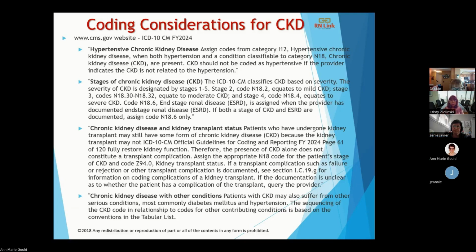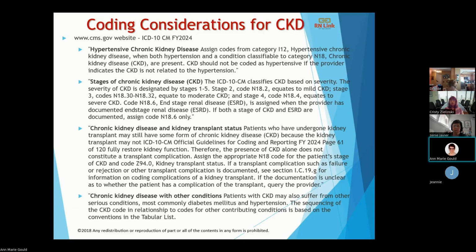Now, chronic kidney disease with other conditions. Patients with CKD may also suffer from other serious conditions, like what did we discuss? Diabetes, hypertension, even CAD. The sequencing of the CKD code in relation to codes for other comorbidities and contributing conditions is based on the conventions in the tabular list.